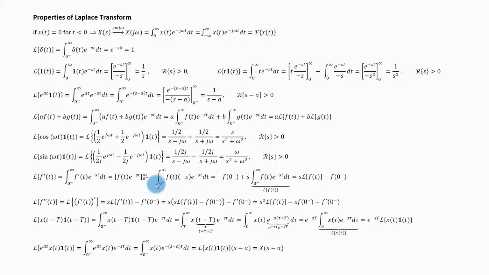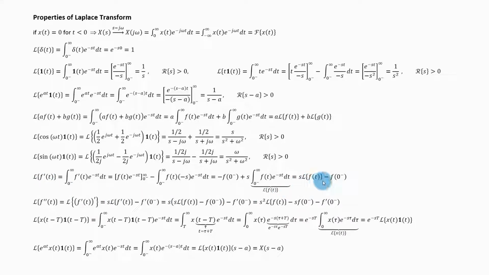Now, what happens with this integral? I can extract this s in front of the integral, and I will get this. And this integral is actually the Laplace transform of my f of t without derivative. So the result is this. And indeed, you can see that the Laplace transform turns derivative into the multiplication by s.